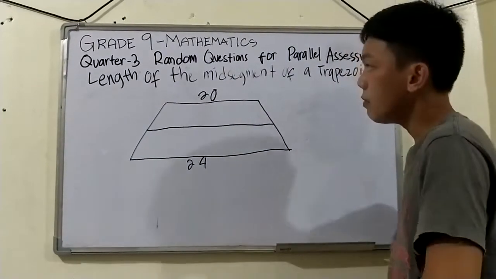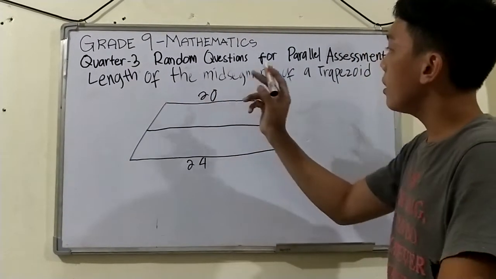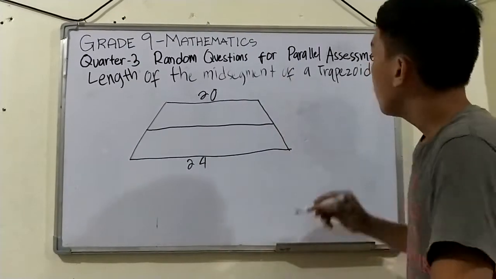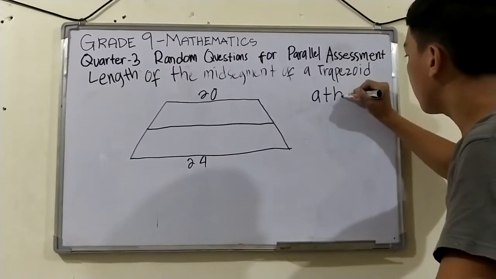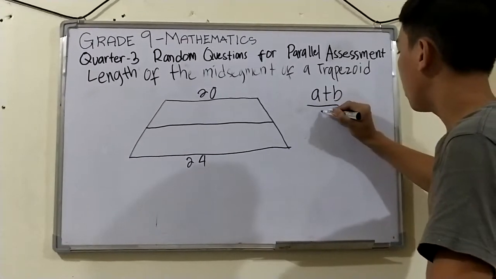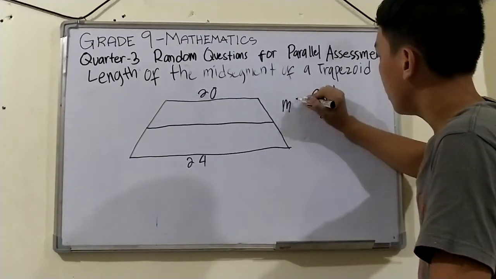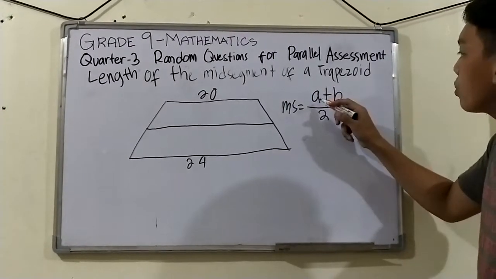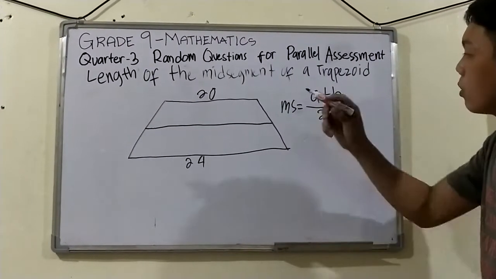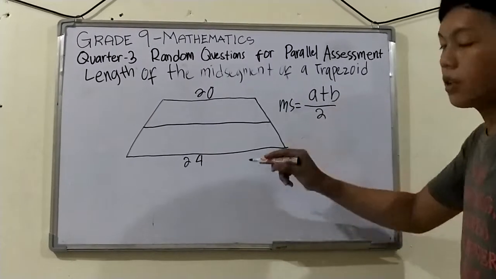Okay. So in finding the length of the mid-segment, we have a formula, a plus b over 2. Okay, so ms is equal to, so suppose our a is equal to 20 and our b is equal to 24.